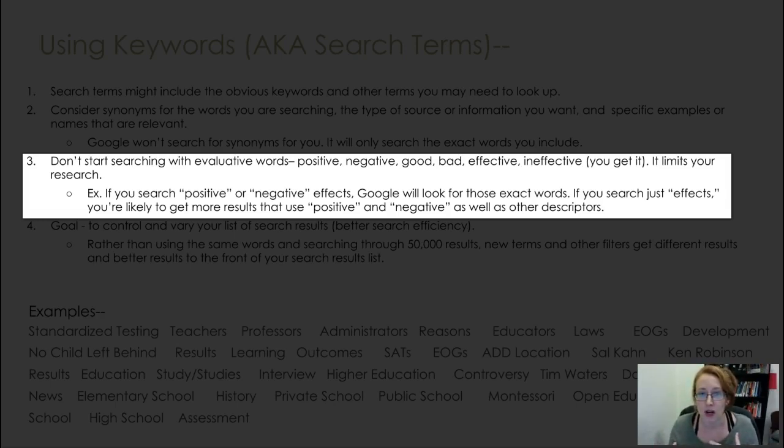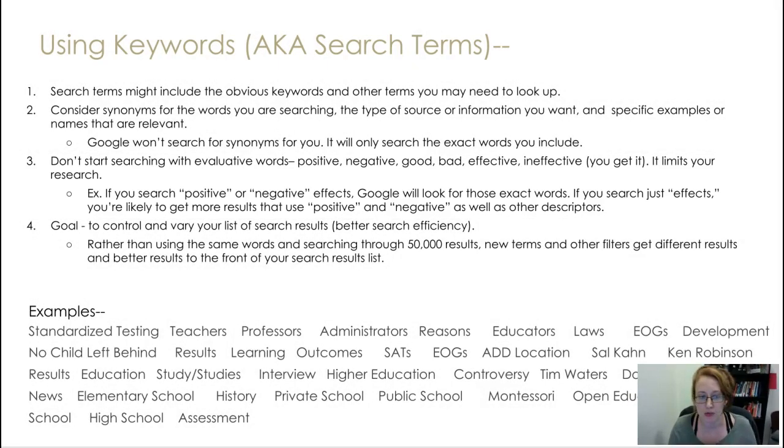It might ignore any other descriptors that might be included in the article or in the author's wording. If you just search effects, you're going to get all effects. Later on down the line, when you're building an argument or looking for something really specific, you might want to limit yourself to using those words. But when you're first getting started, it's not a good idea to put in those really specific evaluative words, because it's going to limit what you're able to find.